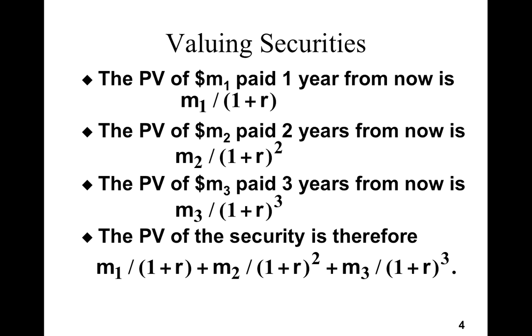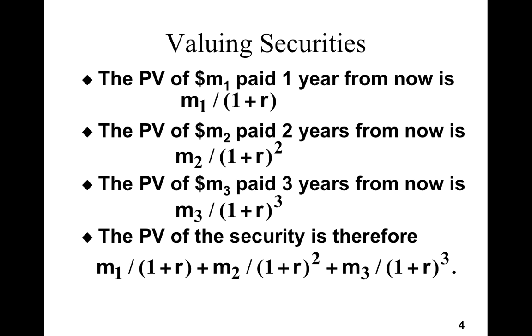So the present value of the security, or all the financial payments that you're going to get from the security, is the sum of these present values, which is M1 divided by 1 plus R, M2 divided by 1 plus R squared, and M3 divided by 1 plus R cubed. So the maximum that you would pay for this security cannot be greater than the present value of this security.